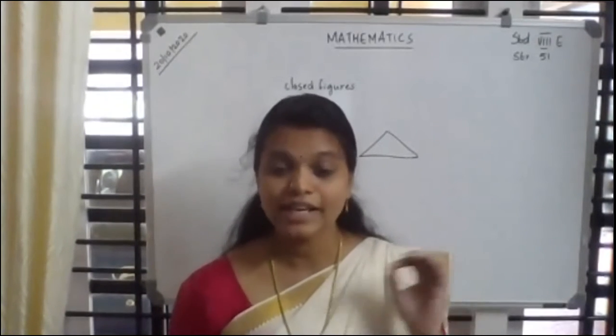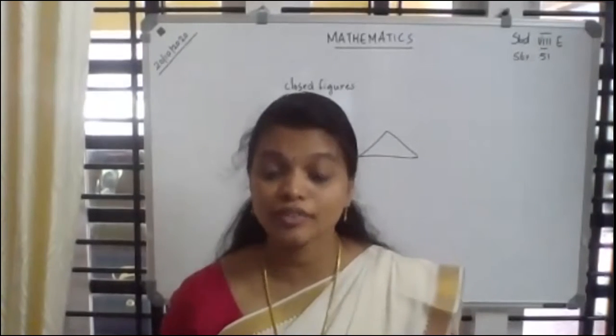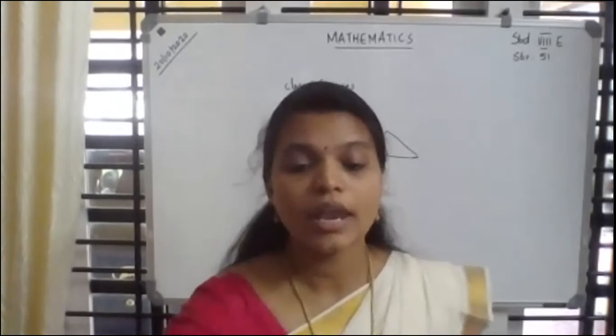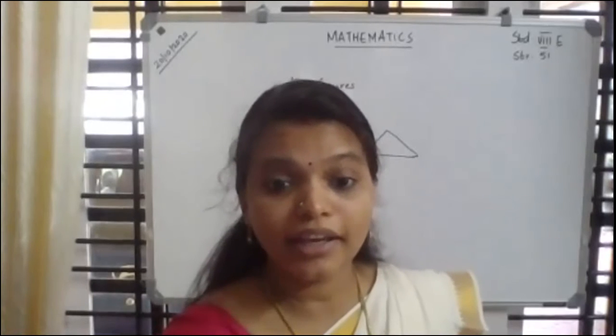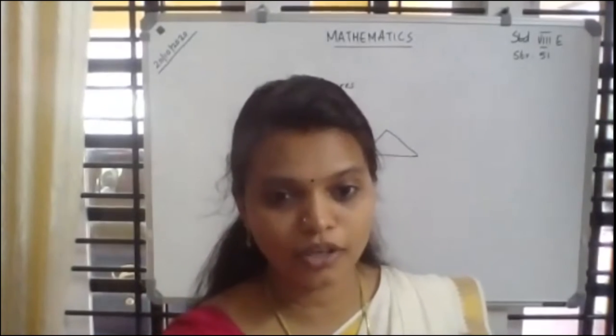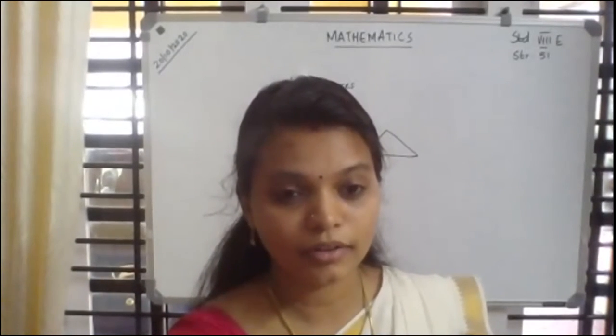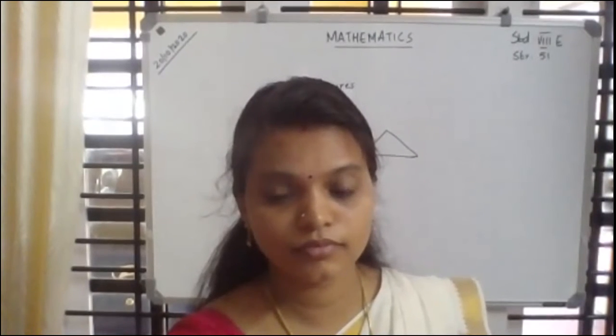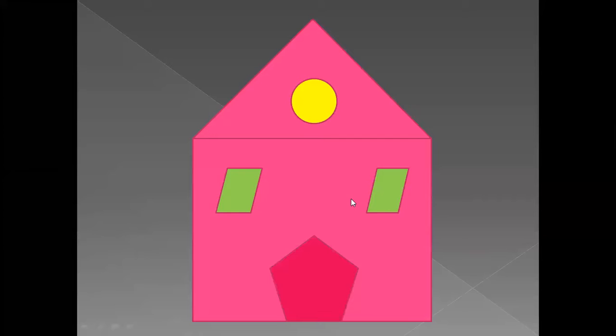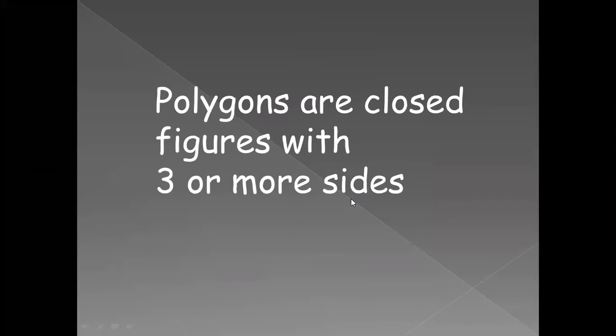Now, let's write the definition in your notebook. Write the definition. Polygons are closed figures with 3 or more sides.